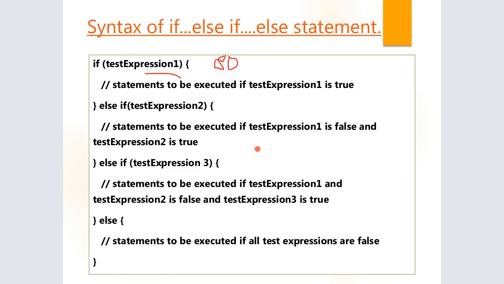People who have scores above 80 will score an A. So the statement that we're going to execute here is that the student has scored an A. This one will check if your marks are 70 and above, 70 up to 79. Then we'll tell you you've scored a B. So the statement that we are executing here is a B.